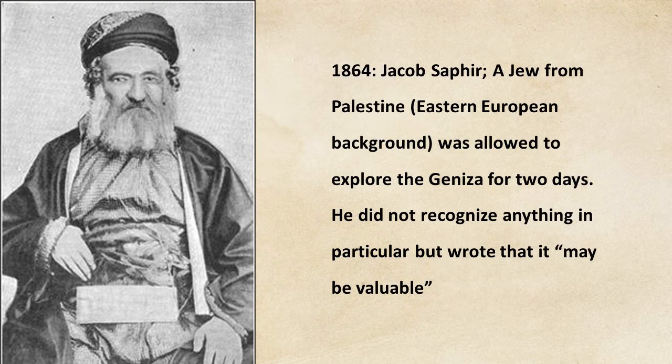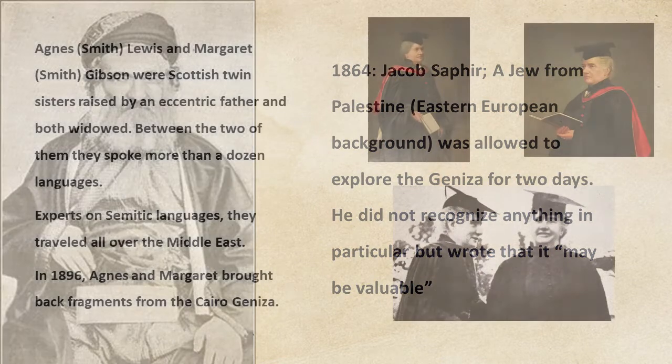He was a merchant who traveled around, and he was in Cairo, and he was allowed to look in the Geniza at different papers for 2 days, standing on the ladder. He didn't recognize anything in particular, but he thought it may be very interesting and maybe valuable, is what he wrote. But it stopped there. He didn't really study it in depth.